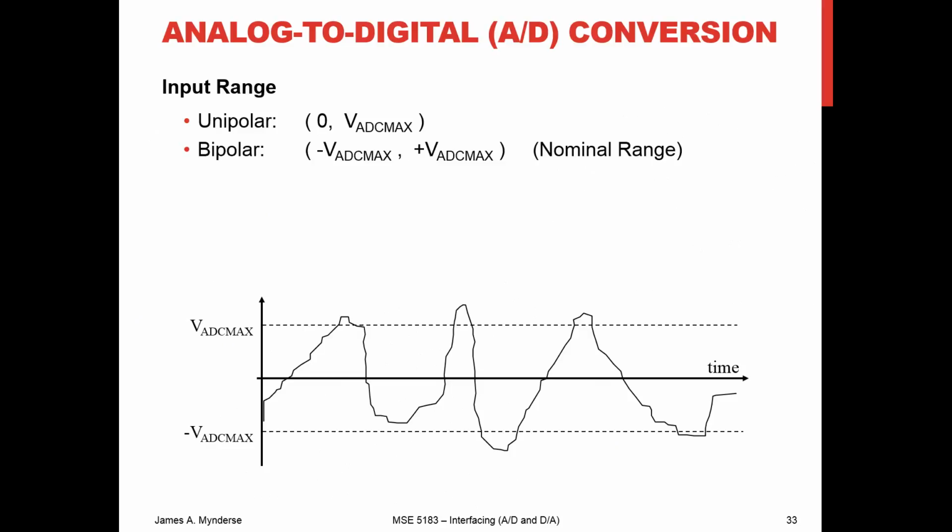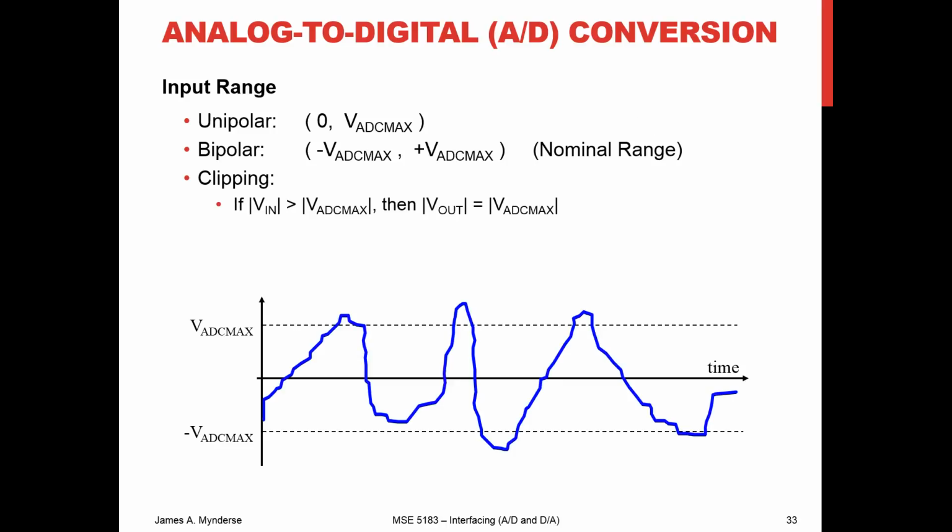Another fun one is that we might have an input voltage range that doesn't quite match up with our maximum and minimum for our ADC. And so if we've got this blue curve as our input voltage, and we've got minimum and maximum for the ADC like this, maybe it's 0 to 5, maybe it's -5 to 5, whatever.